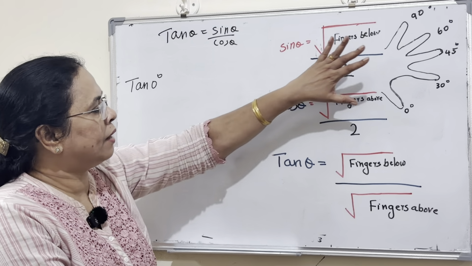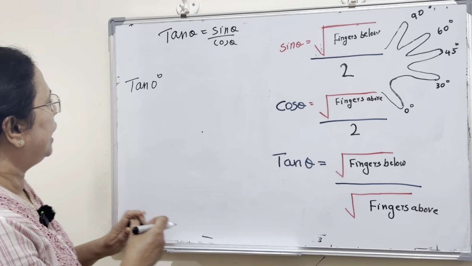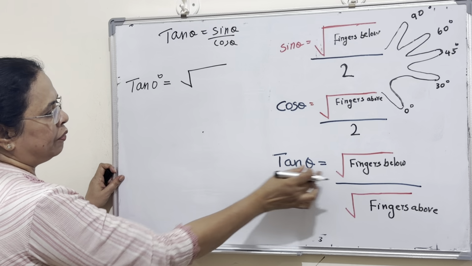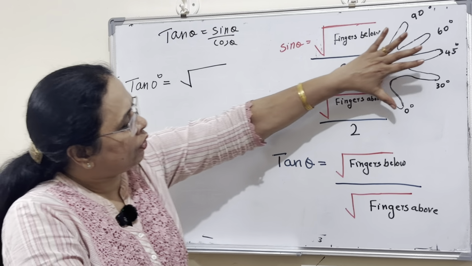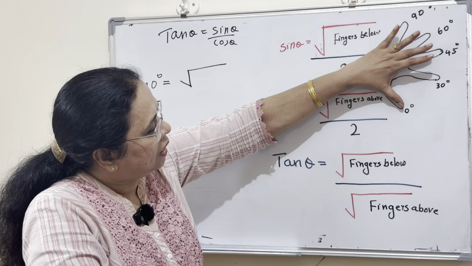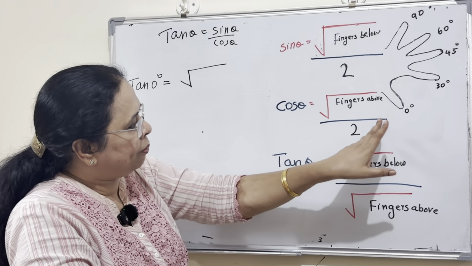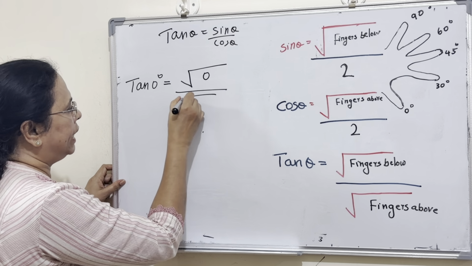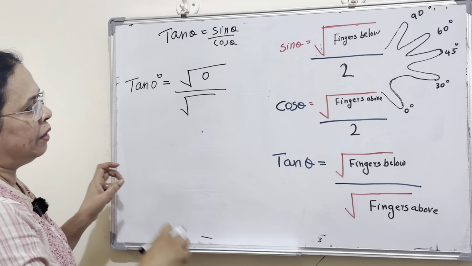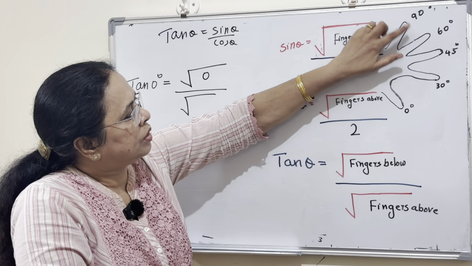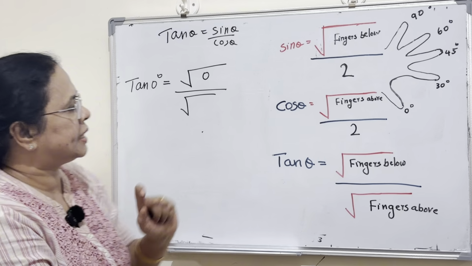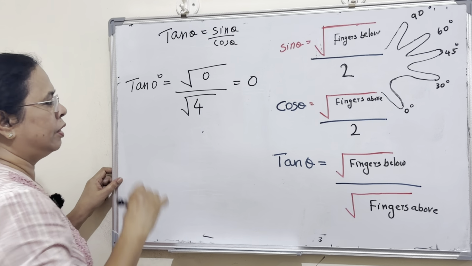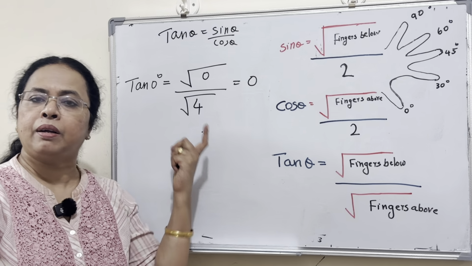Use your left hand itself. For 0 degree, there are no fingers below, so it is 0, and above there are 1, 2, 3, 4, so divided by 4, that will be 0 itself. 0 divided by any number is 0.